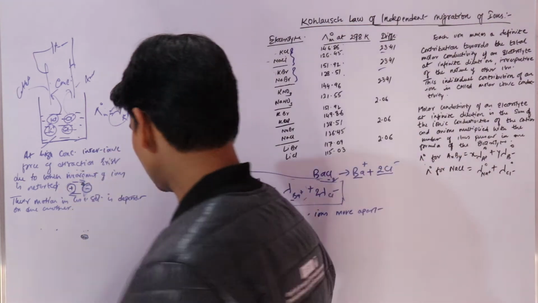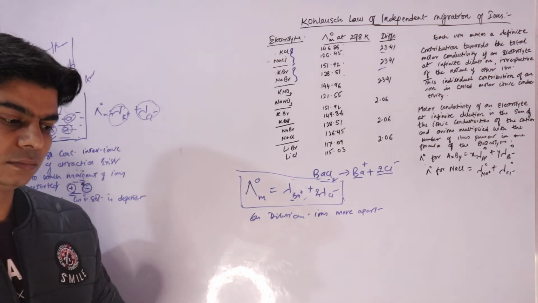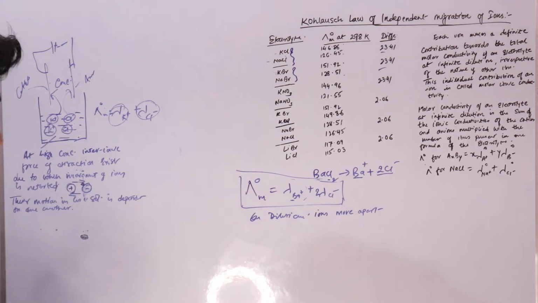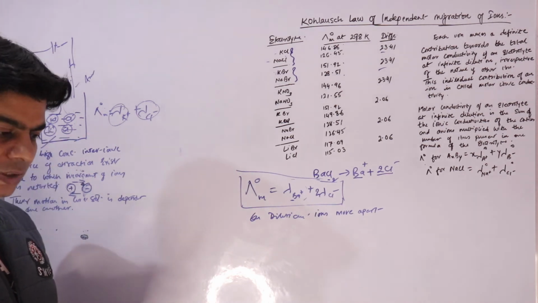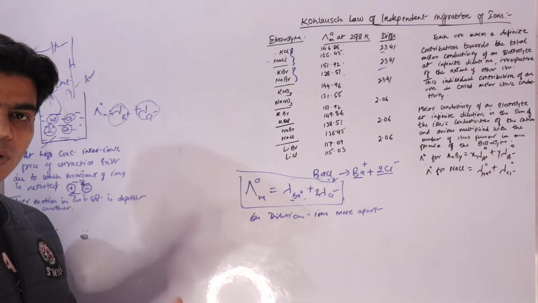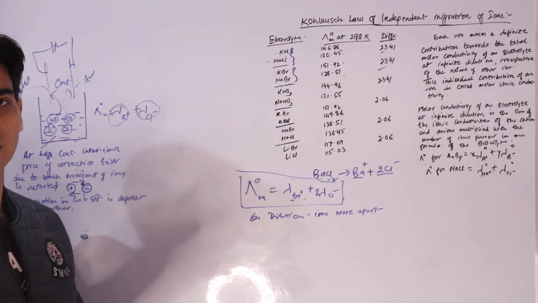Now suppose I keep adding water and reach zero concentration, if I make the concentration of this solution zero, then we say that the dilution is infinite, right. That is, if I keep on increasing the dilution of this solution, at one point its concentration will become zero.